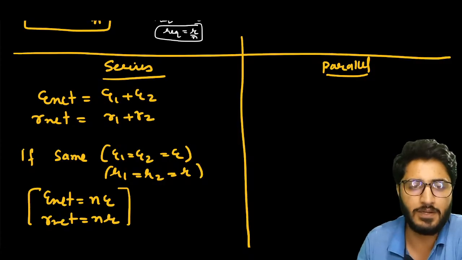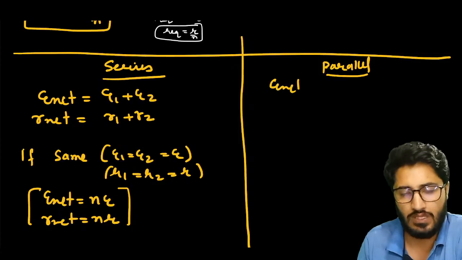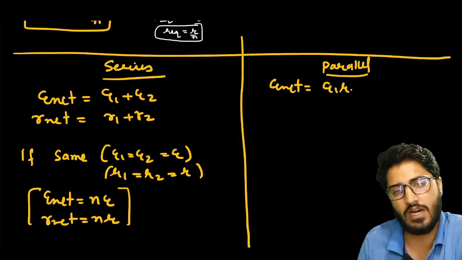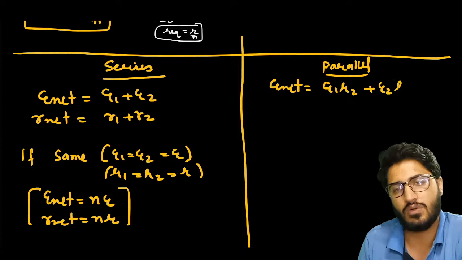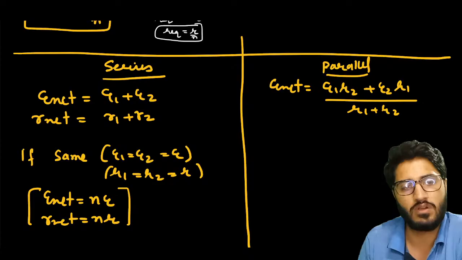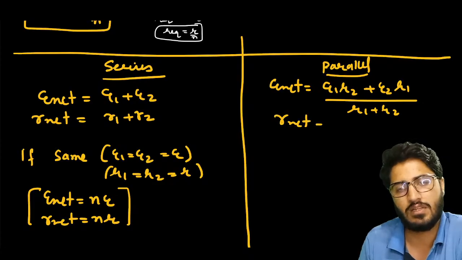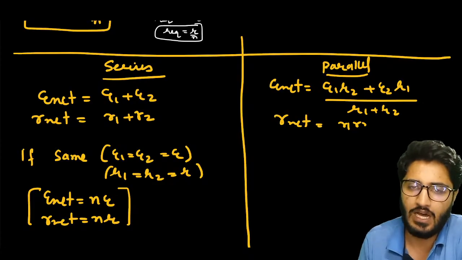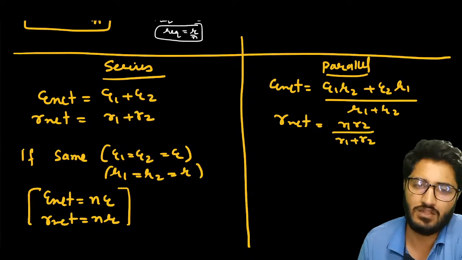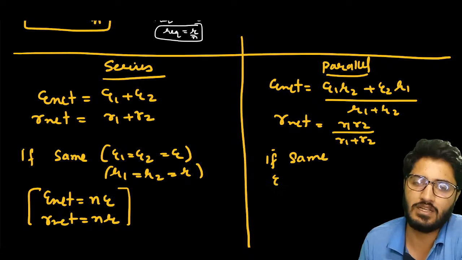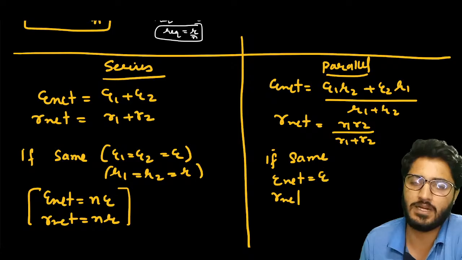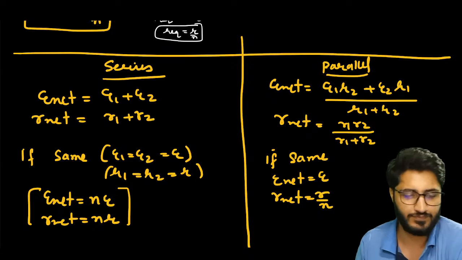Done? But here, E net is how much? Sir, it is E1 R2 plus E2 R1 divided by R1 plus R2. And what is R net? It will be R1 R2 divided by R1 plus R2, same as the parallel case. If same, then E net equals E only, but R net equals R by N only.